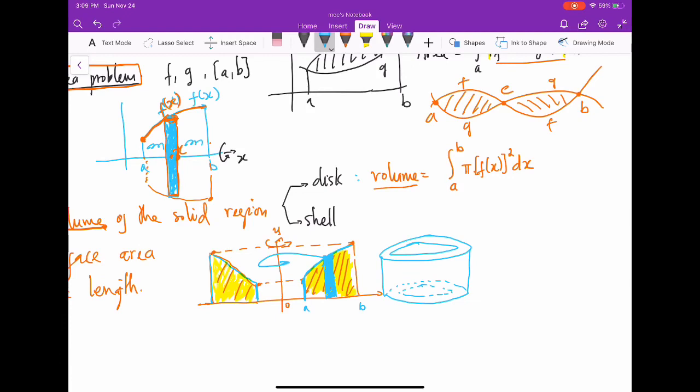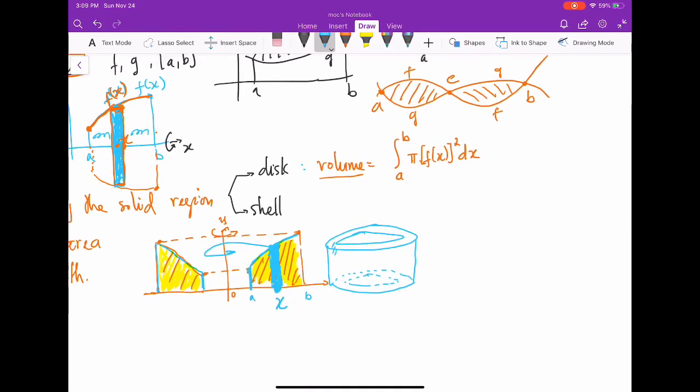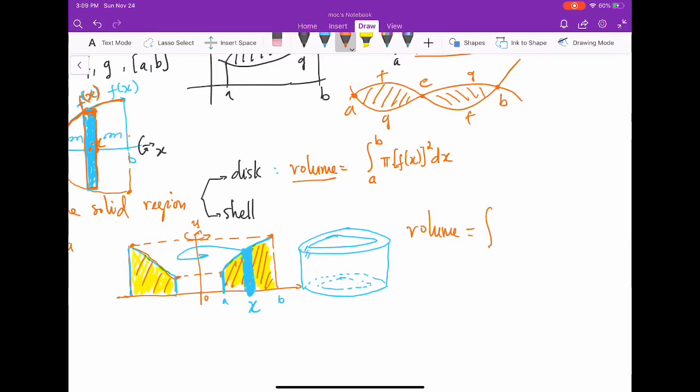So basically, if this is x, I'm talking about rotating about the y-axis, right? So if that is the x, I need to find the volume of each shell, right? Let's say a shell like this. So the volume is equal to the integral from a to b, because you divide from a to b, right?